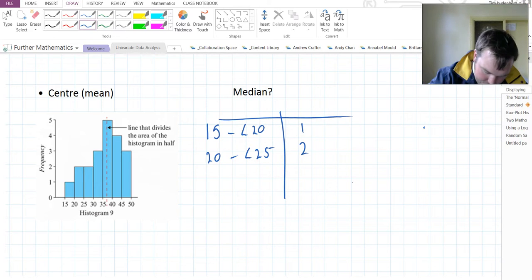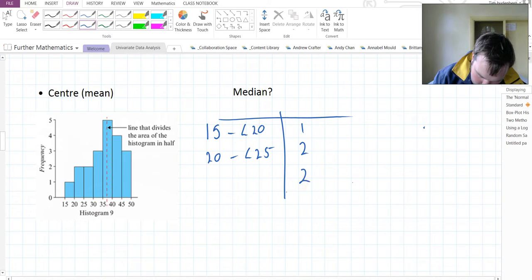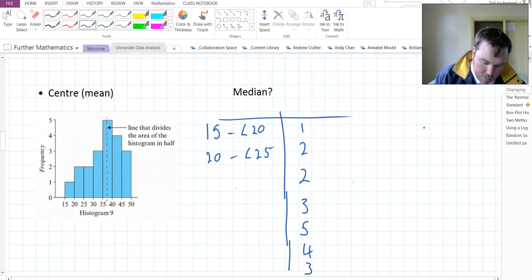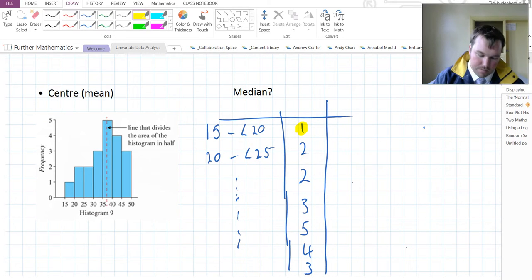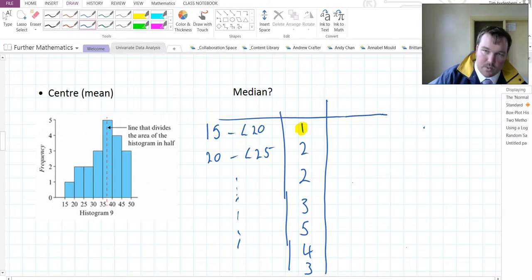So we can head down saying, well, there's 2, 2, 3, 5, 4, 3. And I won't fill in down here, but you can imagine down there. Now, we aren't told where this one person falls between 15 and 20. They could be 15, they could be 19.9999. So what we do instead is we guess whereabouts they would fall on average.